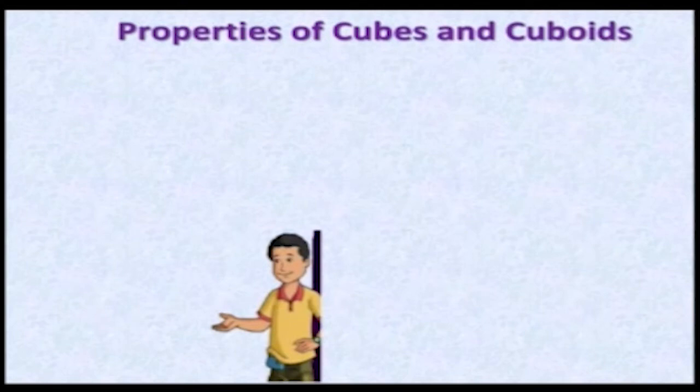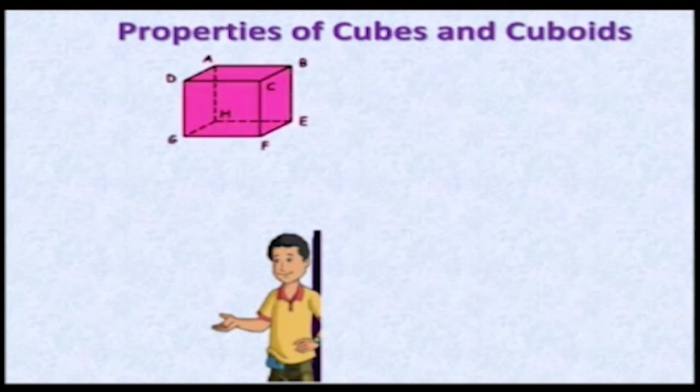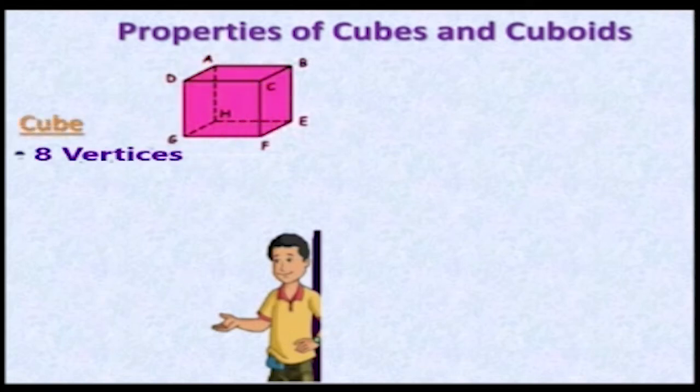Properties of cubes and cuboids. Here is one example of a cube. We know that a cube has 8 vertices: 1, 2, 3, 4, then 5, 6, 7, 8.